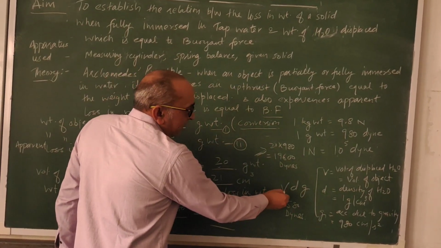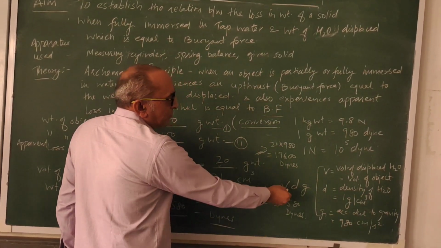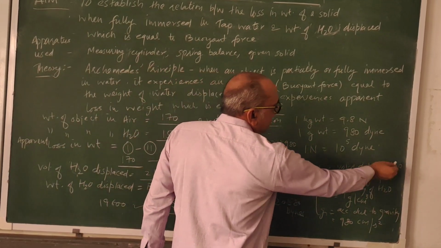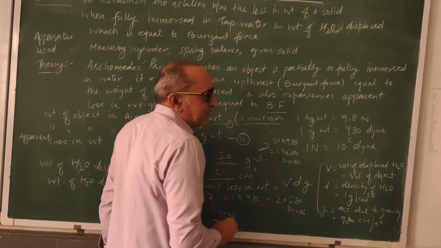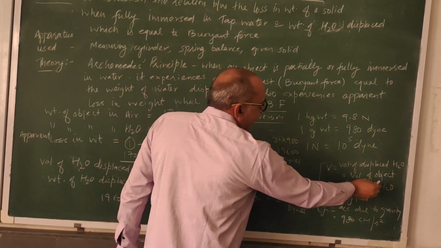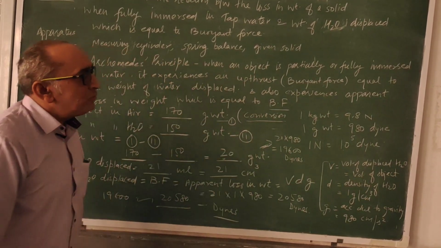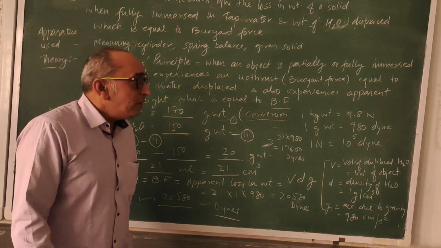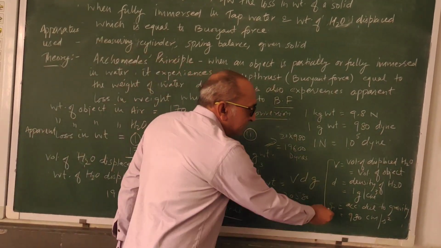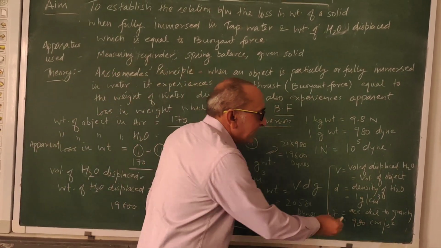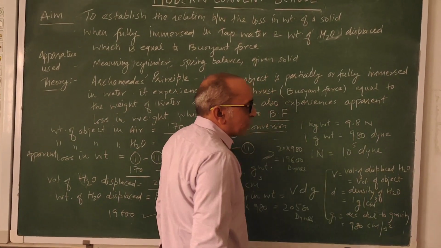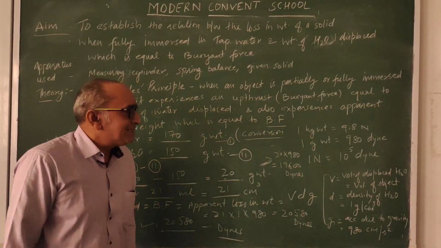And in this formula, VdG, V stands for volume of displaced water, which is equal to volume of object immersed, and D is density of water, because we are finding buoyant force in water, and G, as you know, is acceleration due to gravity, 980 centimeter per second square in CGS system.